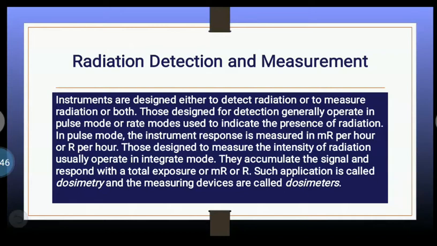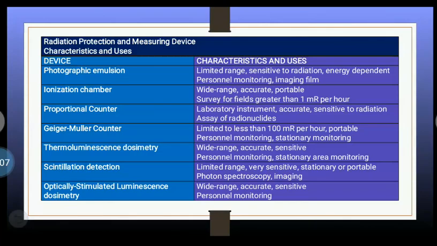They accumulate the radiation first and then respond with a total exposure in milliröntgen or röntgen. Such application is called dosimetry, and the measuring or detecting devices are called dosimeters.